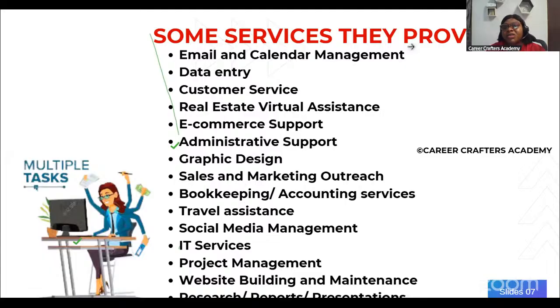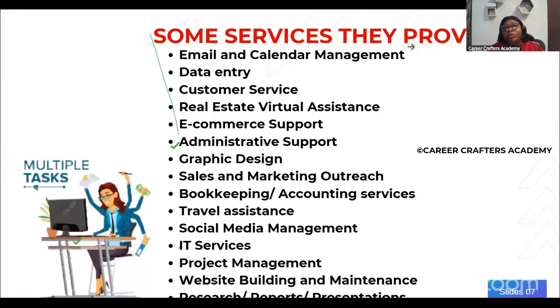You can offer these services online. You can help people plan their travel. You can help people with social media management. So companies are looking for people to manage their social media, post on their pages, draw traffic to their pages, even social media ads. People are looking for professionals in this field who can help them.